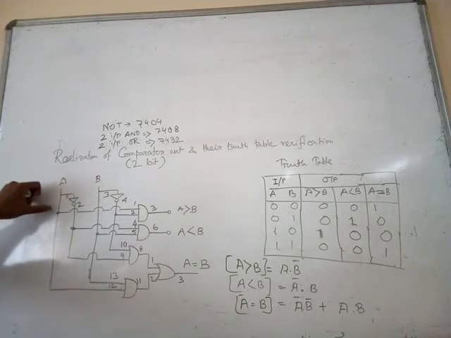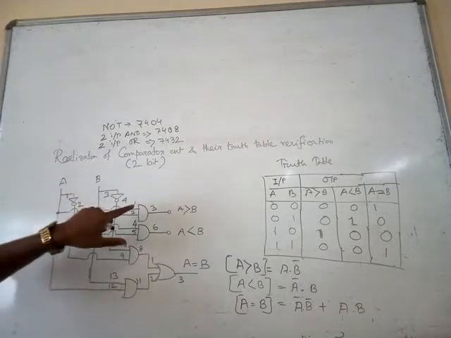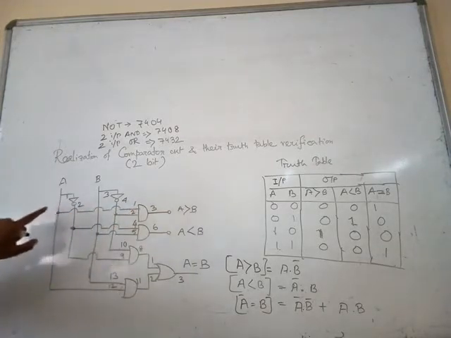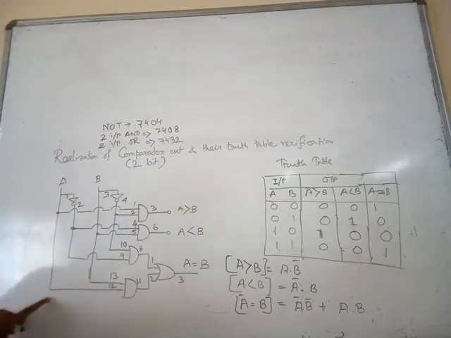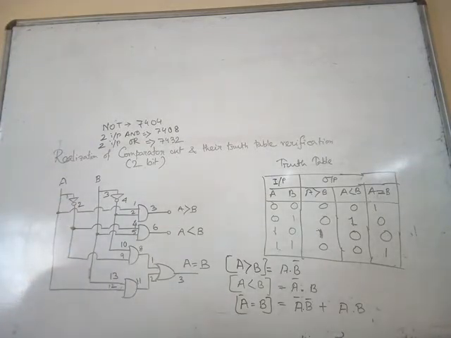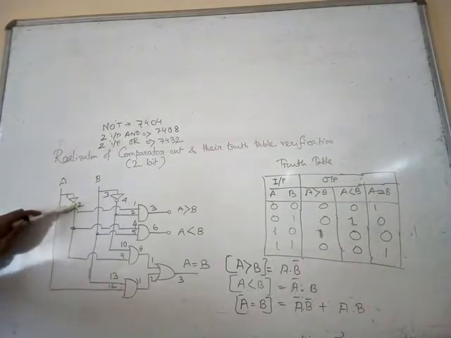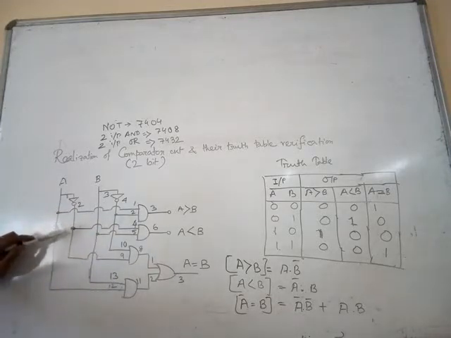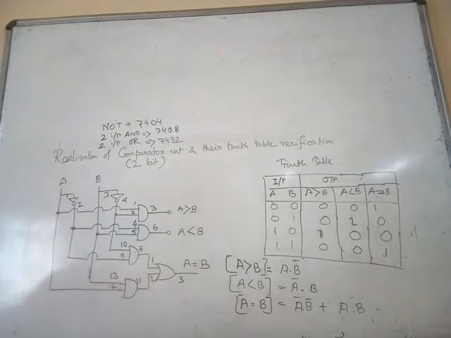From 1 we short pin 1 of NOT with pin 1 of AND and pin 12 of AND. So one line is completed. Next, the second line of NOT: pin number 2 of NOT and pin number 4 of AND are shorted. Next pin number 2 of NOT and pin number 9 of AND shorted.